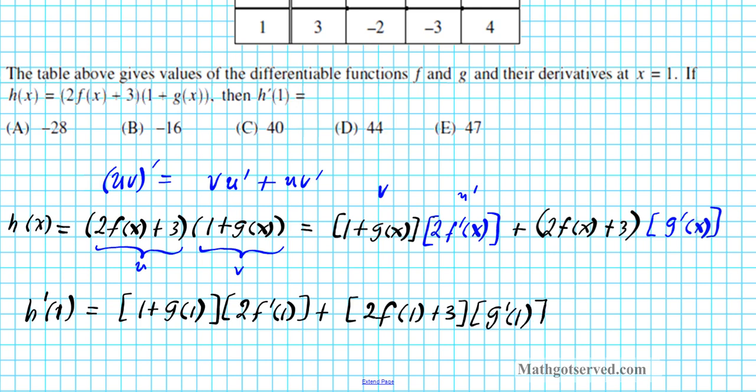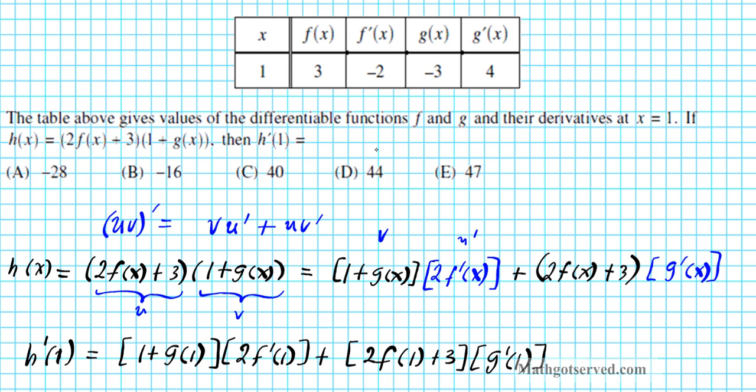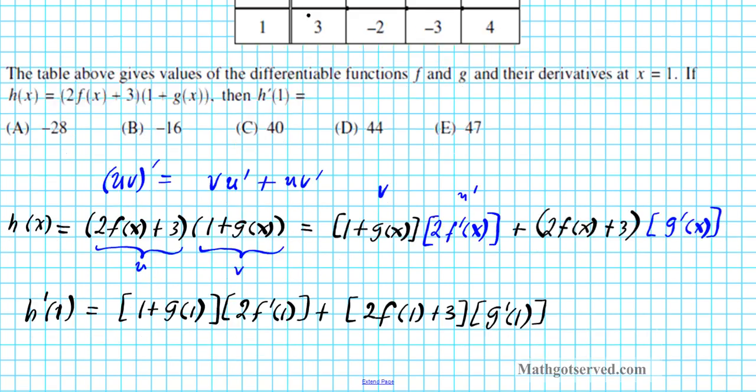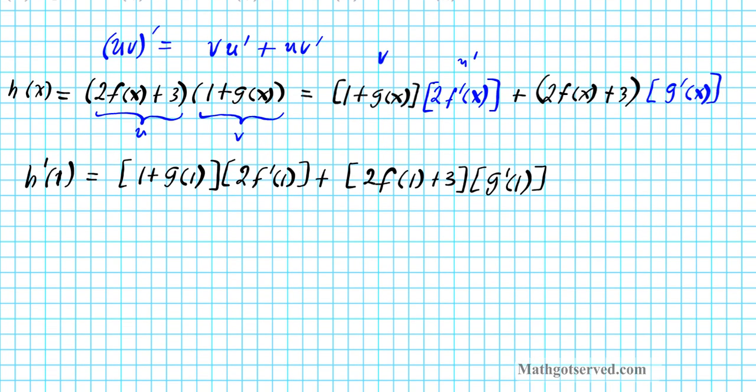I simply plugged in 1 for all the x's. Now to finish it off, we just consult our chart to figure out the values of g of 1, f prime of 1, g prime of 1, and f of 1. Okay, so we just put in those values. Use your table to find out what the value of each of these functions are.